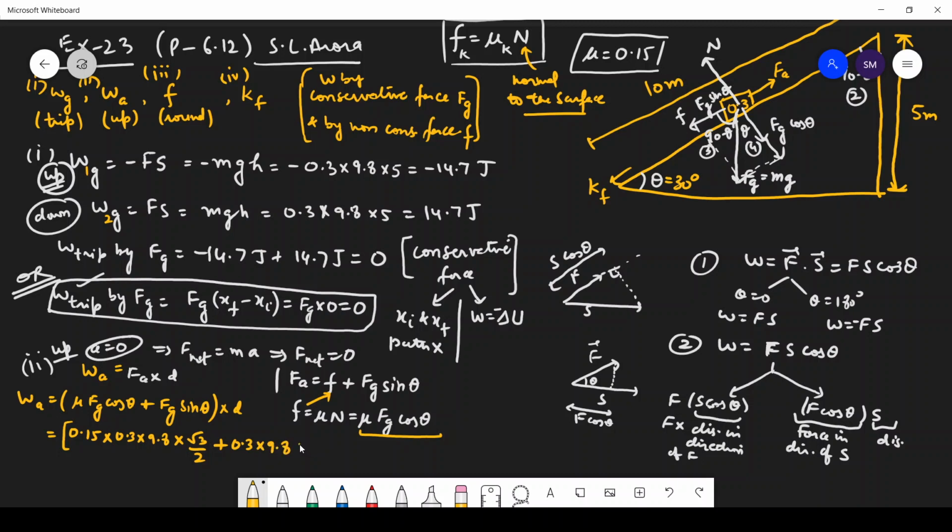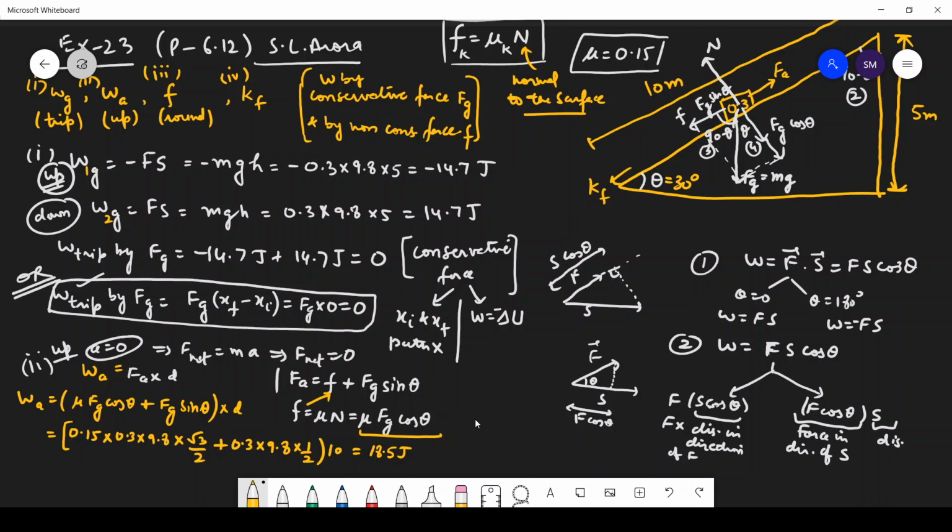What is sine 30? 1 by 2. What is displacement? Displacement is in the direction of force. So I told you, I have taken this force and displacement, they are in the same direction. So that's 10. Displacement is 10. So students, you can solve this and it will come out to be 18.5 joules. So that's the force you have applied in taking the body upward.